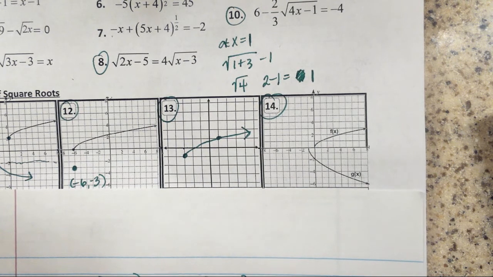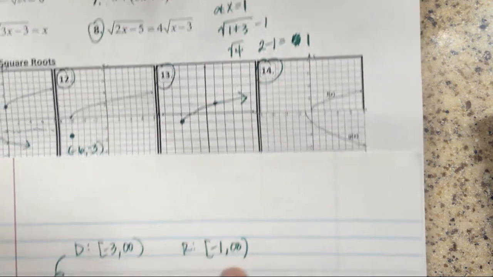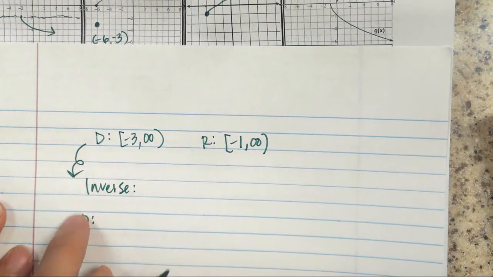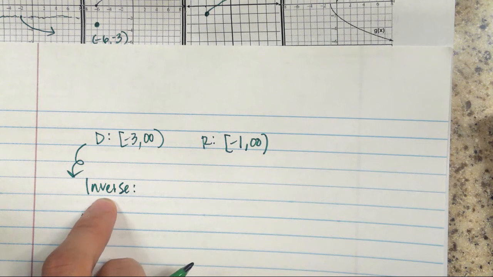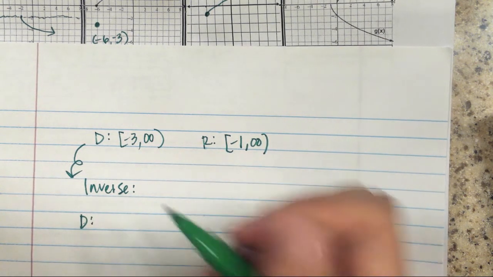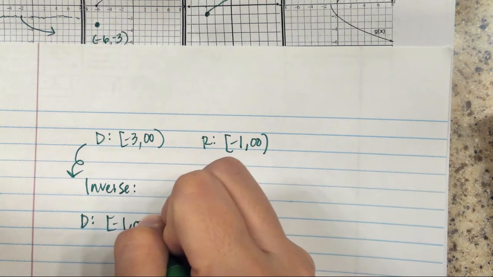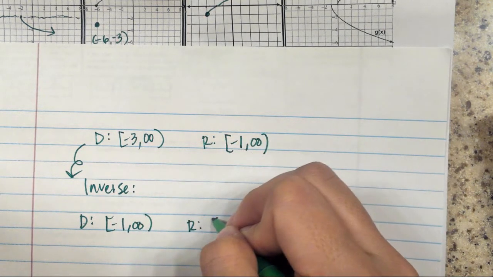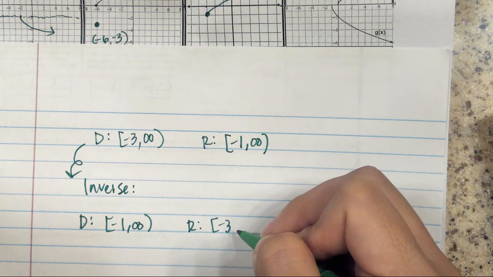So my domain for my inverse is now what my range was. My domain for my inverse is going to be what my range was for my regular function. So that's going to be -1 to infinity. And then my range is going to be negative 3 to infinity.